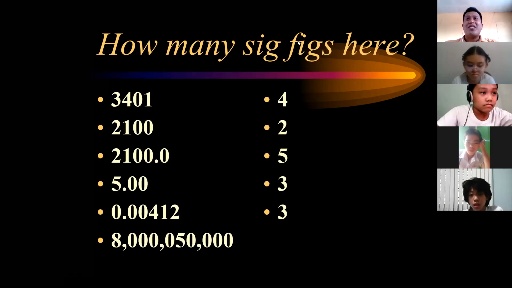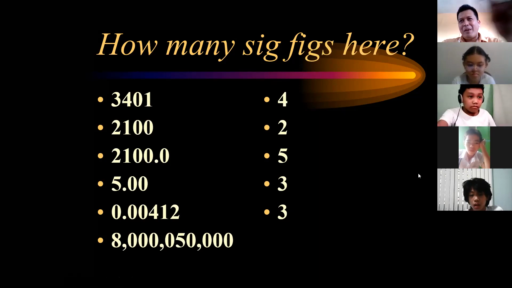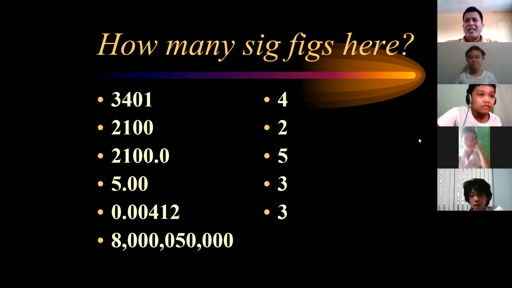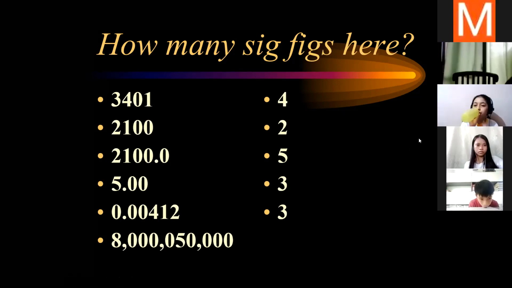Your answer is 2. Probably that is wrong. How about Jeremiah? 8,050,000,000. The answer is 6.